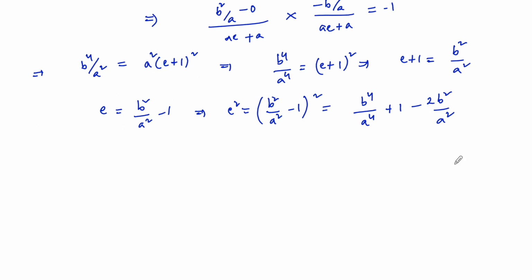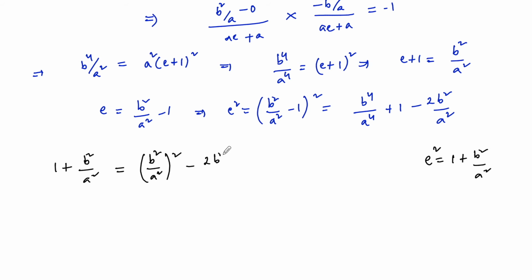We know that the eccentricity of hyperbola e² is equal to 1 + b²/a². So let us substitute e² = 1 + b²/a² on the left side, and on the right side we have (b²/a²)² − 2b²/a² + 1. The +1 on both sides gets cancelled.